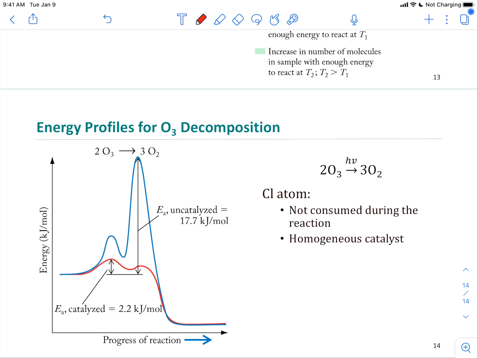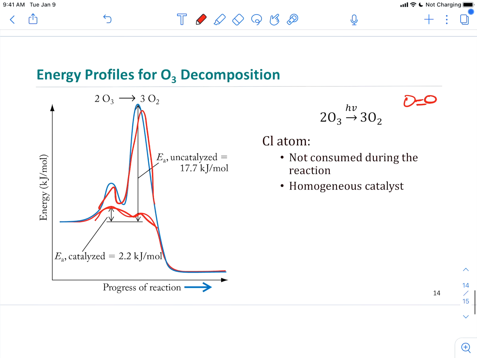So we have the ozone molecule that needs to be broken up, and then we need to have the formation of O2 in that process. So we got this kind of like 2 stages, if you will, and they have these energies of activation. Well, a catalyst lowers the energy of activation, makes it much easier to get over that hump, and therefore speeds up the reaction.